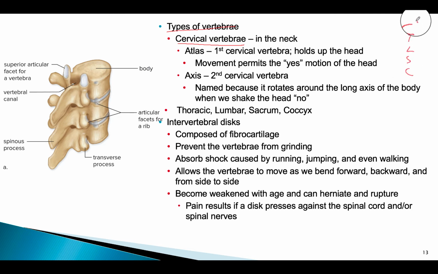The first one here, the cervical region, has a total of 7 cervical vertebrae. The first one has a special name, and this is what we call the atlas. It is the first cervical vertebra, and this is the one that holds up the head.